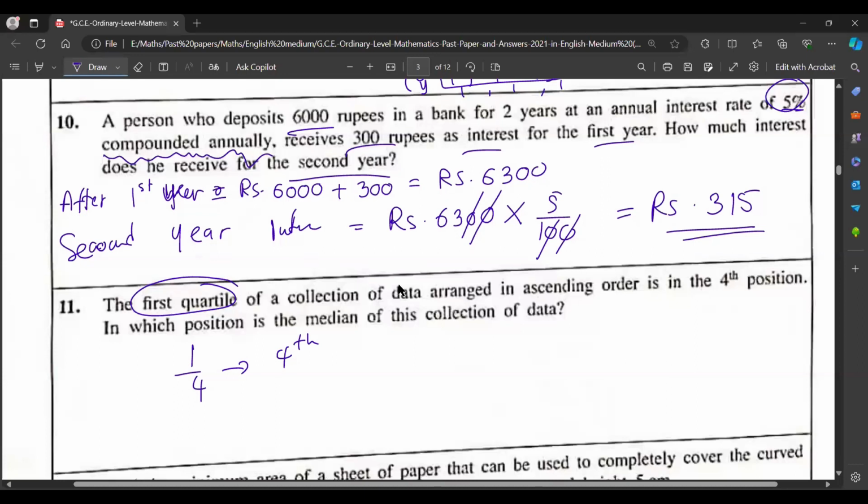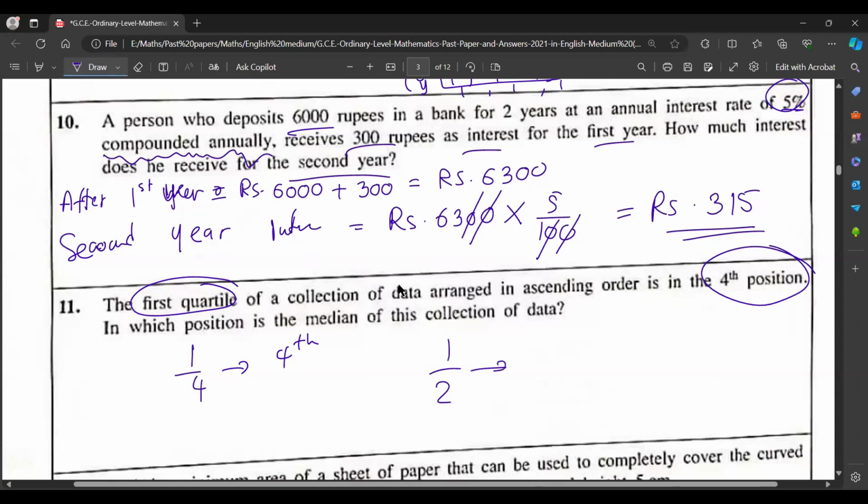At the fourth position, they are asking the median. What is the place of the 1 over 2? If the first quartile is at the fourth position, it is 1 over 4, so the median should be at 1 over 2 place.